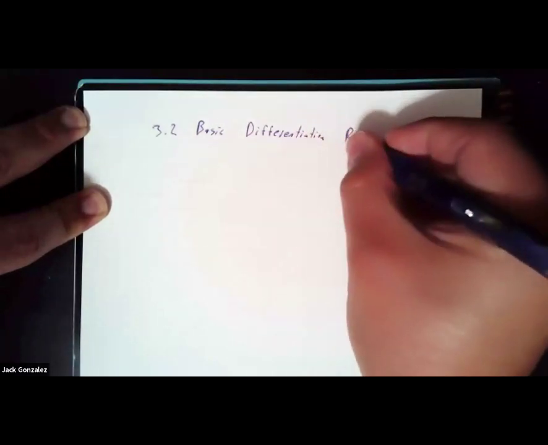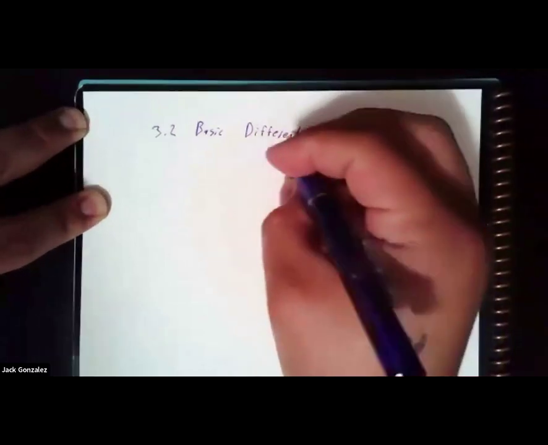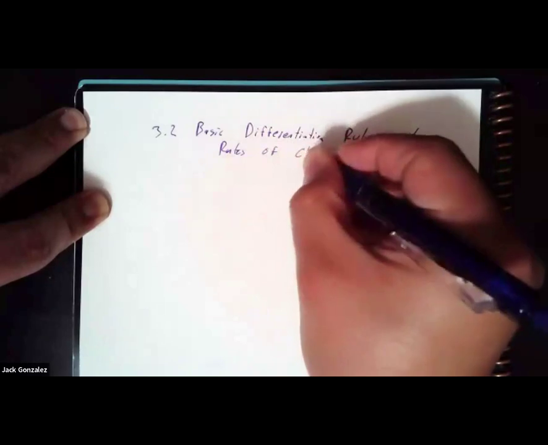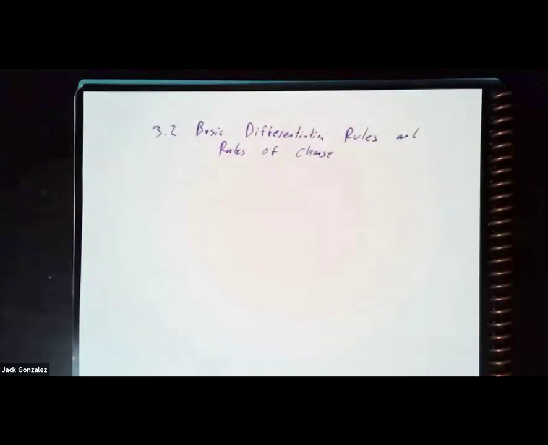Let me give you all the shortcut rules and rates of change. Yeah, you gotta do 5.6. Did we not talk about 5.6? I'll check that in a minute.